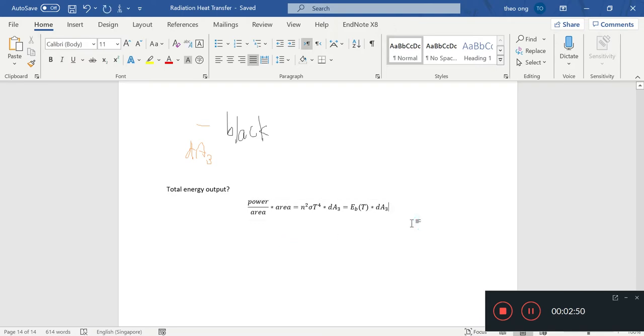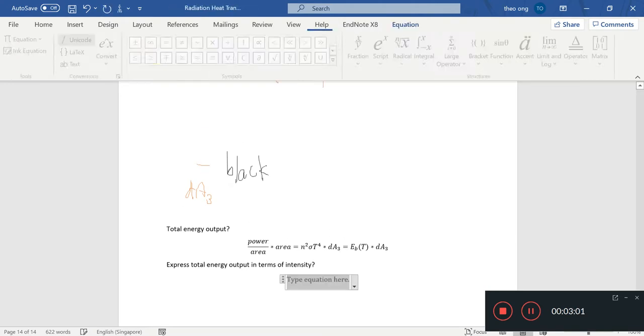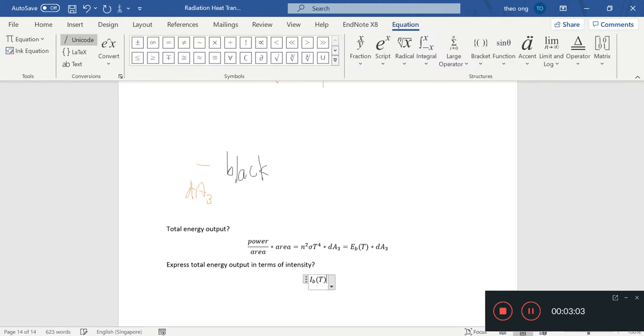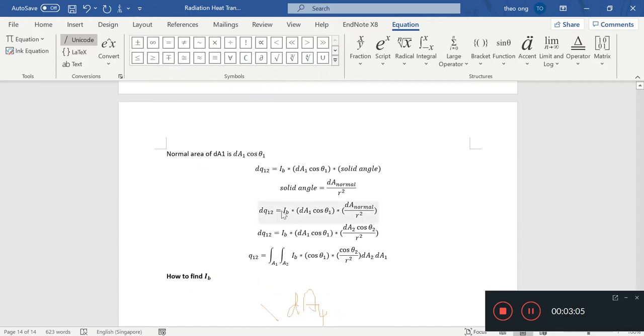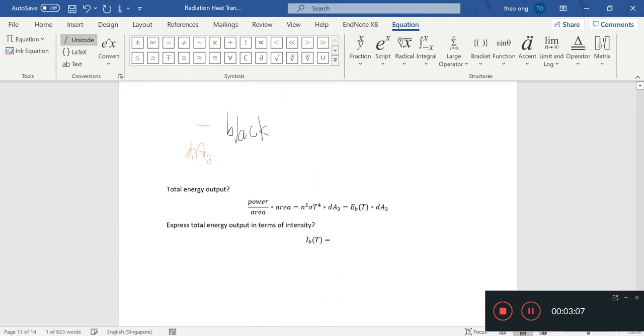What's the other way to express total energy output in terms of intensity? What is intensity? IBT, which is again this bugger here, is equal to power per unit normal area times solid angle.